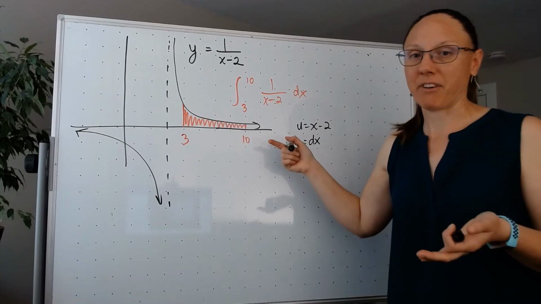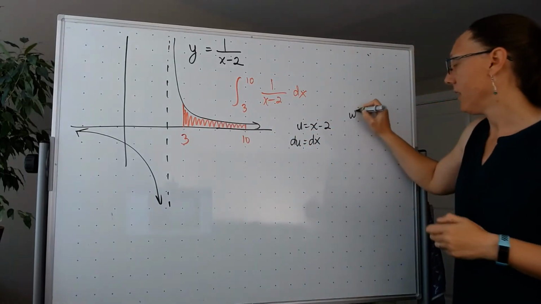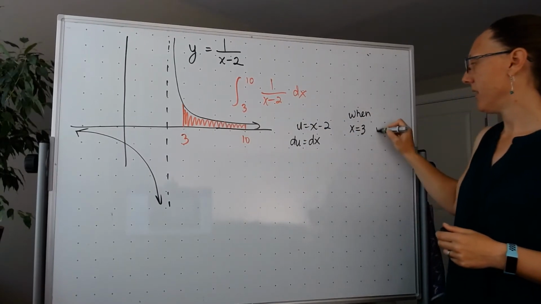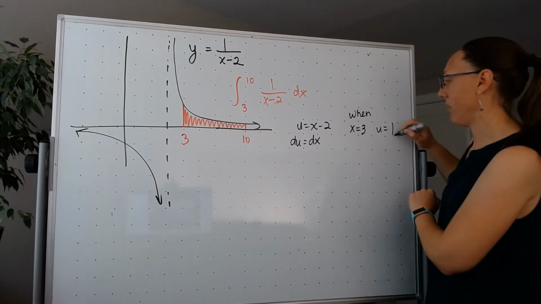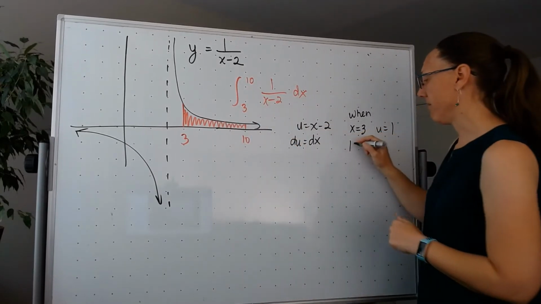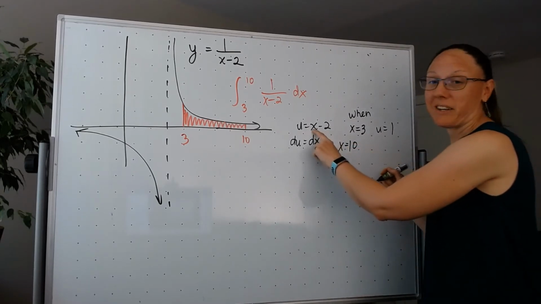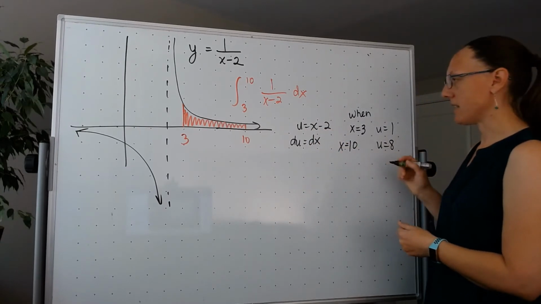And because it's a definite integral, I'm going to change the bounds. When x equals 3, u would be equal to 3 minus 2, or 1. And when I plug in 10, u would be 10 minus 2, or 8.